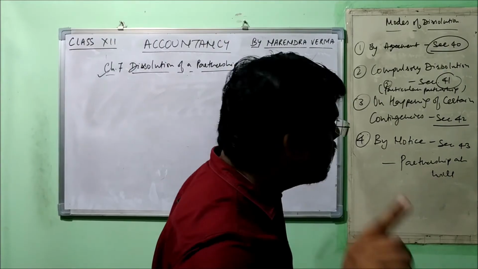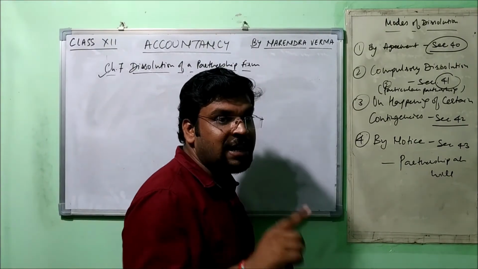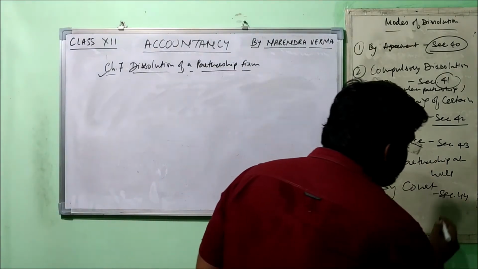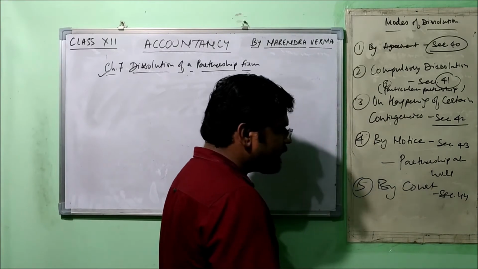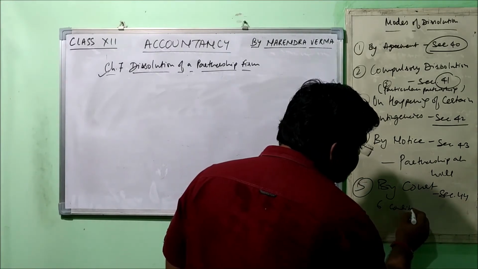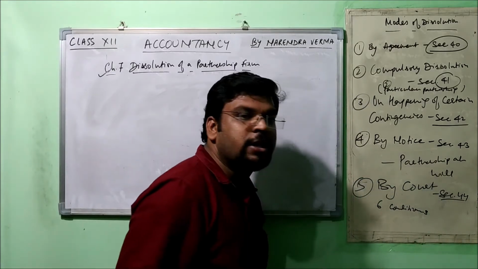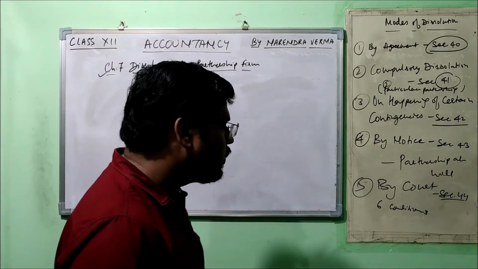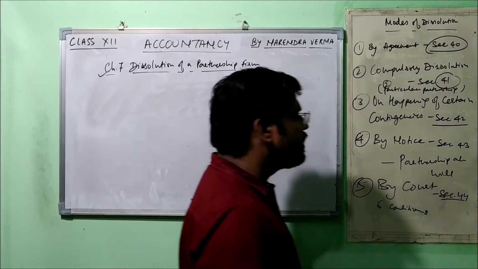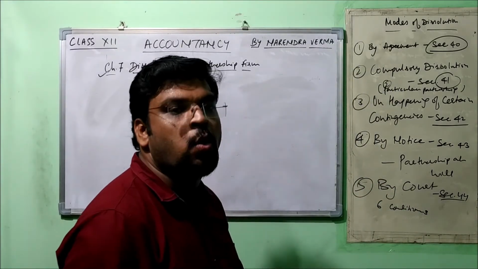Now let's move on to the last mode of dissolution, that is dissolution by court. Section 44 is applied in this case and there are 6 conditions given in Section 44 of the Indian Partnership Act 1932. Under these 6 conditions, the firm is considered to be dissolved by court, right?